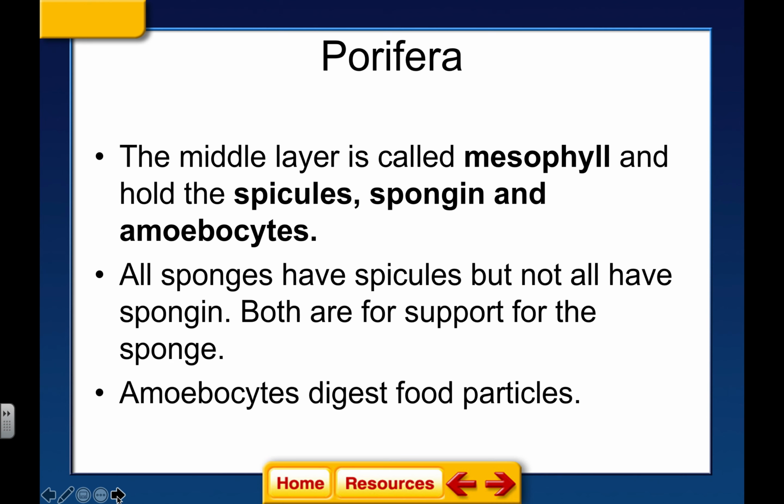What the spicules and spongin do, there's a twofold function for them. They're supportive. There's no skeletal system for a sponge, so this is the only supportive feature that they have. And because they're very sharp, a lot of times they function for defense, because if something larger is going to try to gobble them up, they're going to have to get past these spicules and spongin, which may poke them and be very sharp.